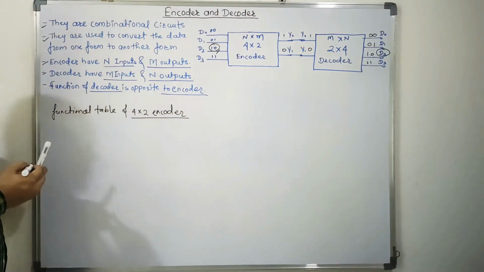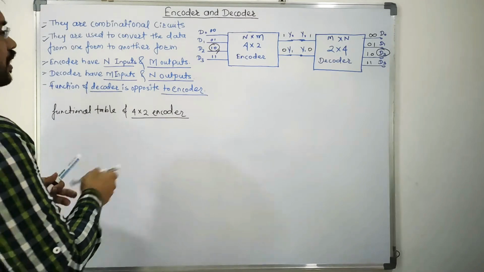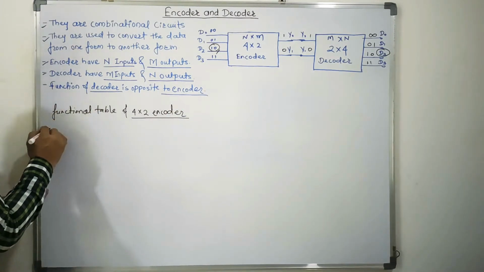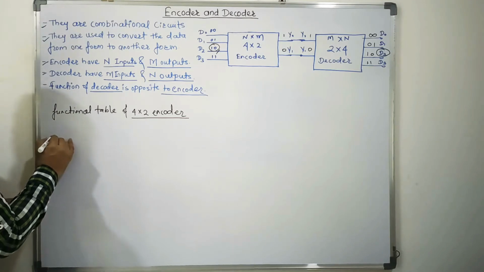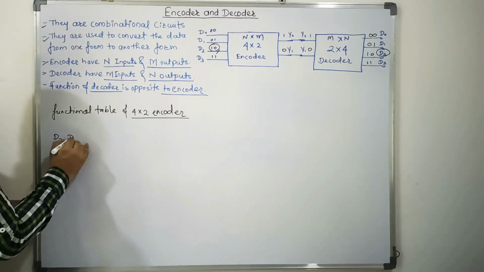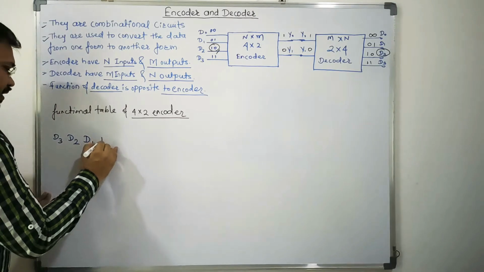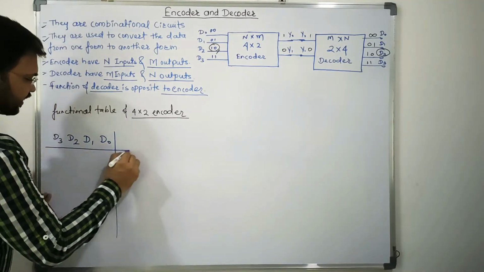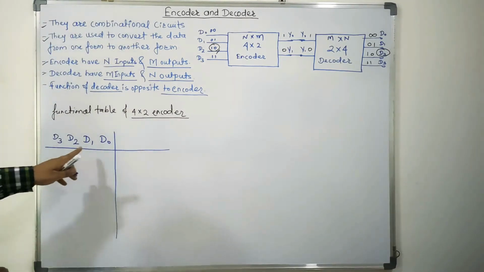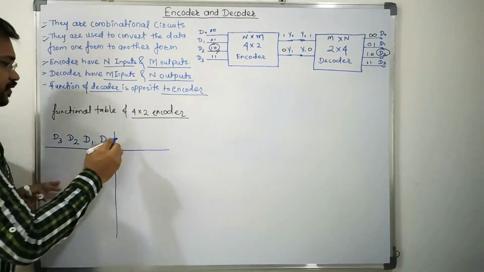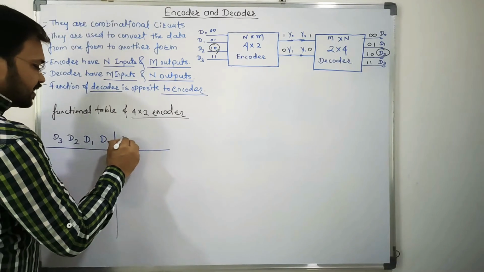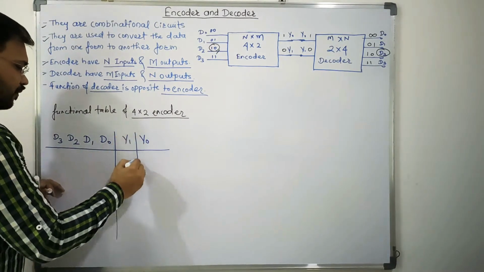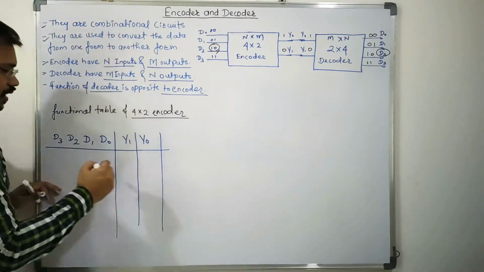Today we discuss this encoder. Here the input lines are D3, D2, D1 and D0, from MSB to LSB, and the outputs we are having are Y1 and Y0.